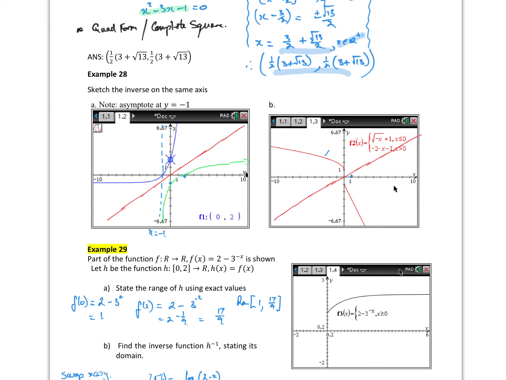What often helps is to consider a point, maybe that point there. That looks like the point about -9, 3, which means the other graph goes through the point about 3, -9, which is down here somewhere. So that makes it really clear that the graph's going to go down like that.